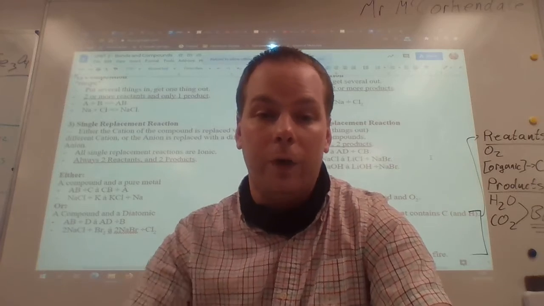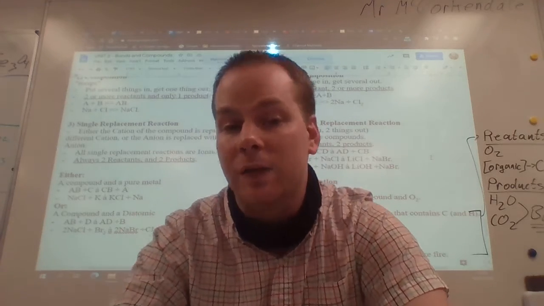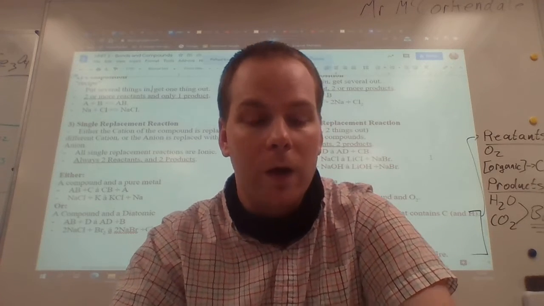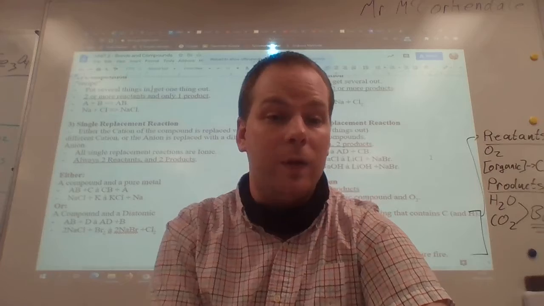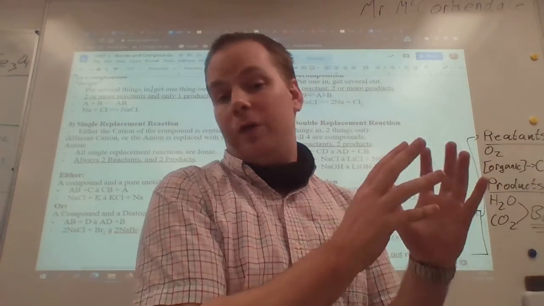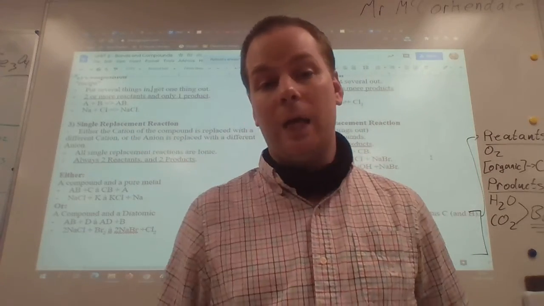So if you take a look at C, the compound on the reactant side is H2O. On the product side, though, the compound is Fe3O4. O stayed the same. It's present on both sides. But hydrogen was exchanged for iron. So that's a cation replacement.